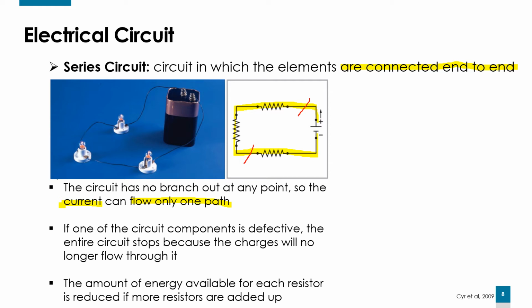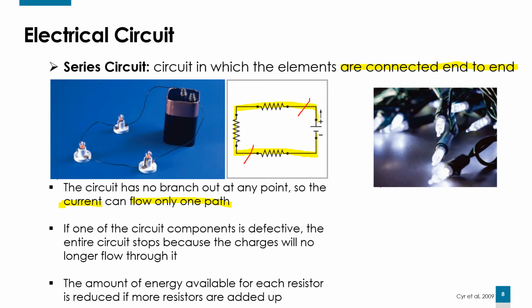It's like they share the same current. So if I put in more resistors, I'm going to have less energy for each of them. An example is Christmas tree lights, which are usually connected in series. If you put all of them side by side, you're going to see they are connected by one single wire.